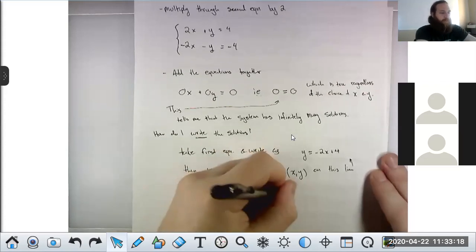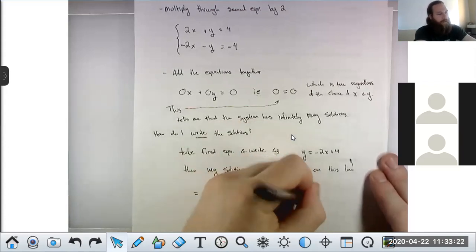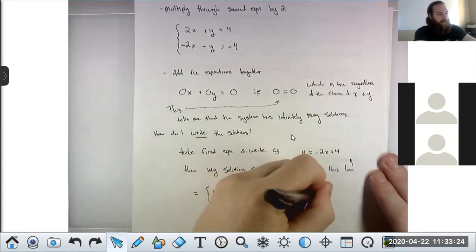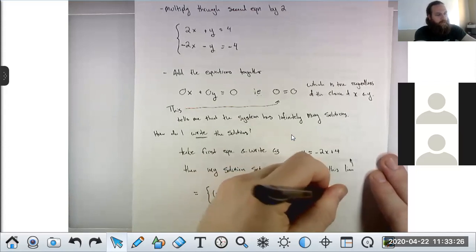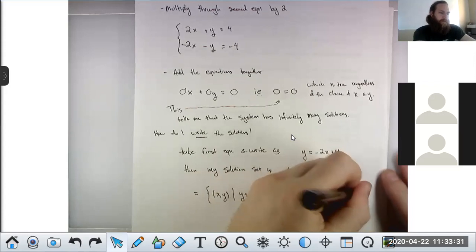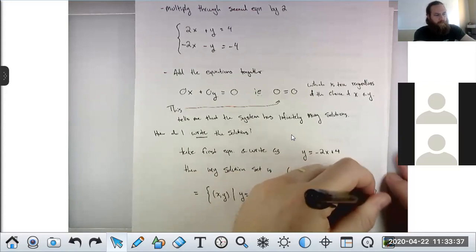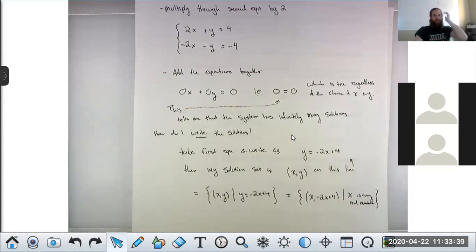But a nicer way to do this might be as the set of all ordered pairs x comma negative 2x plus 4, where x is any real number. Especially in pre-calculus and beyond, we like to see the solution set written like that.